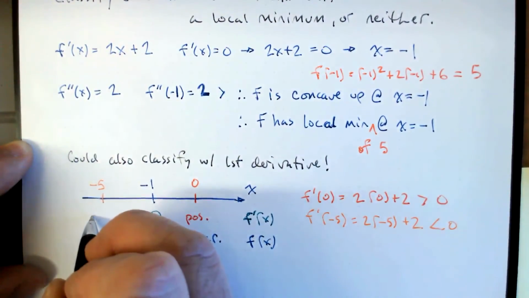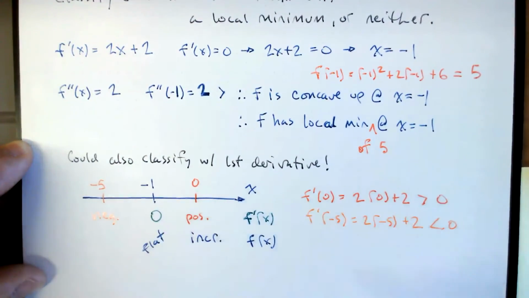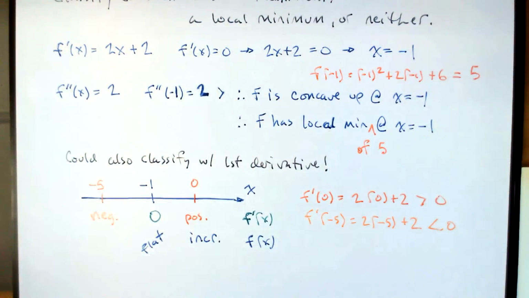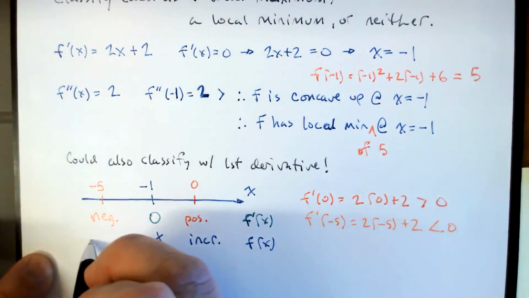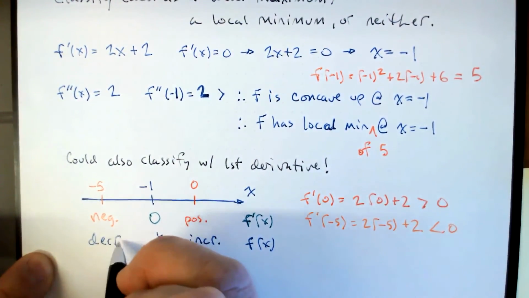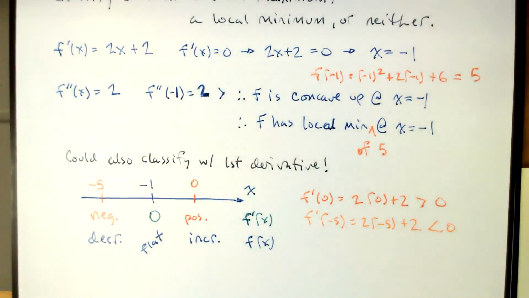So we find out the first derivative is negative before x equals -1, and so the function is decreasing. Since the function at -1 is changing from decreasing to increasing, that's how we can conclude we have a local minimum at -1.